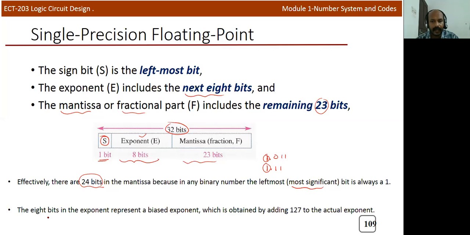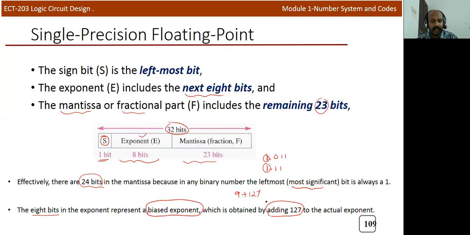And for the exponent part, we are actually using 8 bits, and this exponent is also written in a special format known as the biased exponent. The given exponent is first added to 127. For example, if it is 9, we perform 9 plus 127 and write that in the exponent position.